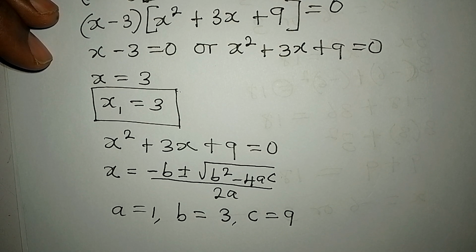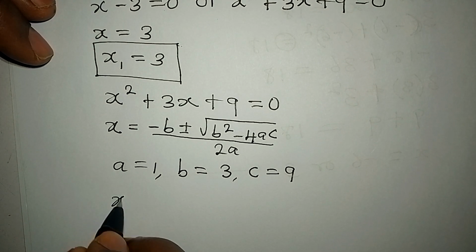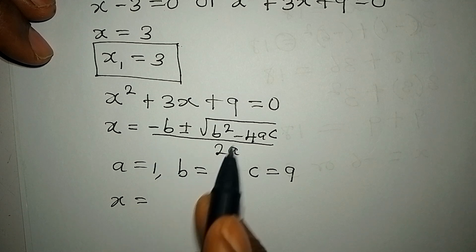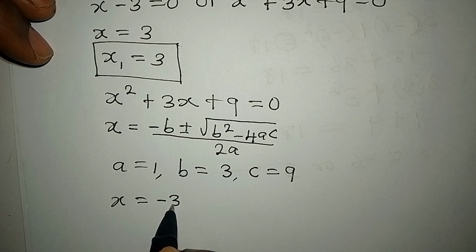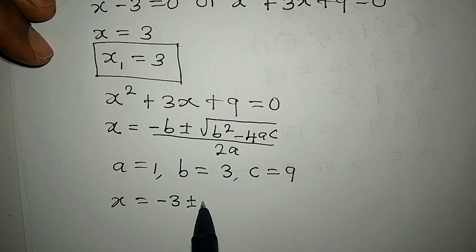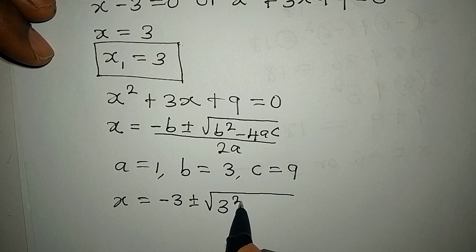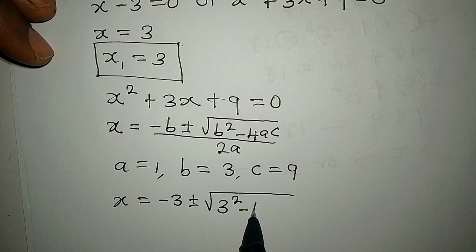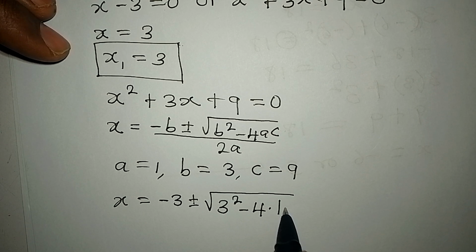Okay, now let's put this straight into the formula so that our x will be equal to minus b, and then b is 3. That means we're having minus 3 plus or minus square root of b squared, that would be 3 squared, minus 4 times a, which is 1, then c is 9.